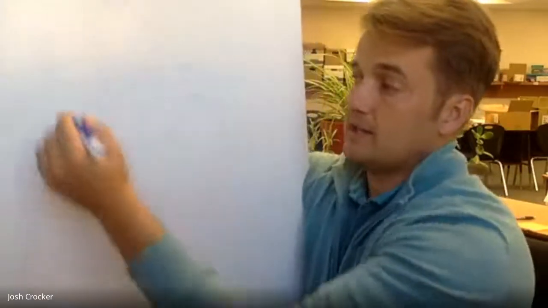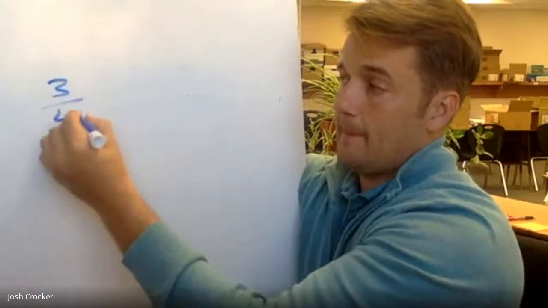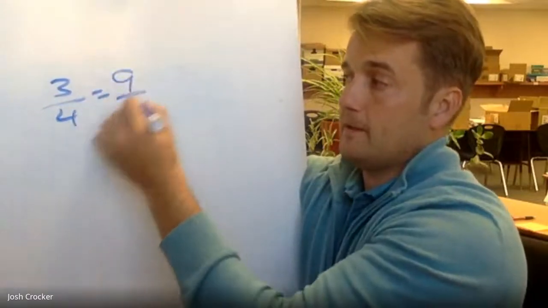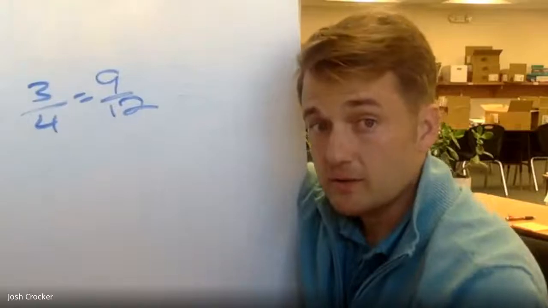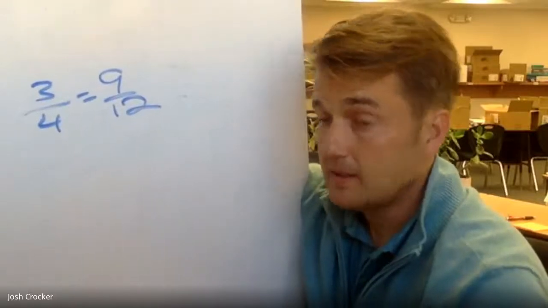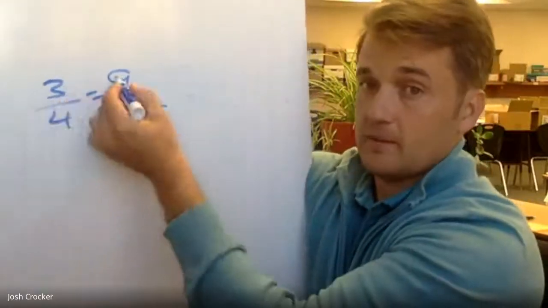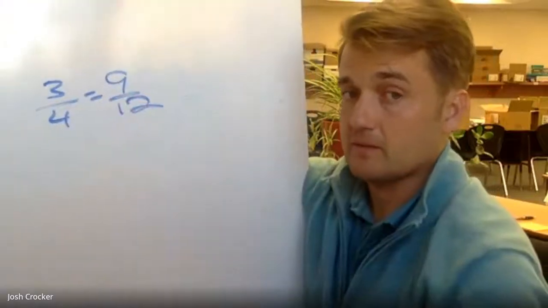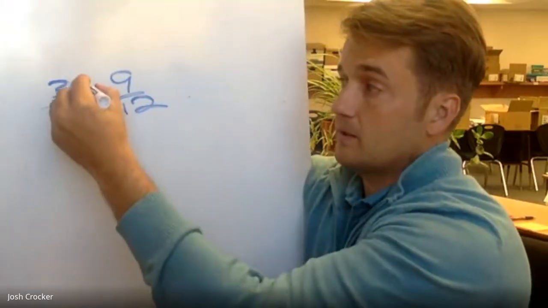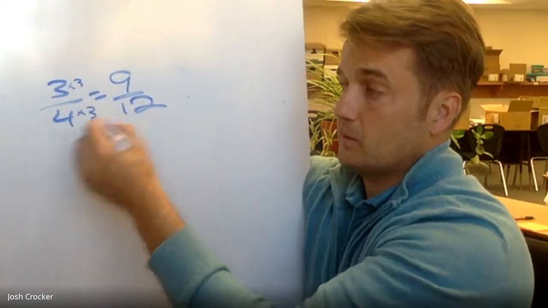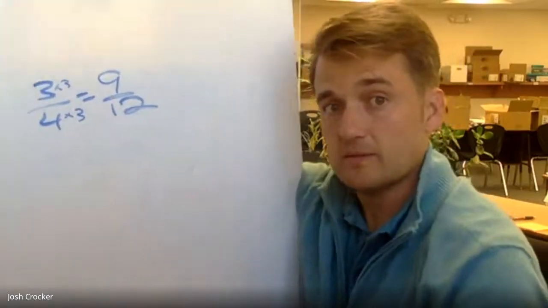If you are trying to check and see if two fractions are equivalent, what do you do? Well, you just say, what did I multiply by here to make 3/9? Well, 3 times 3 is 9, and 4 times 3 is 12. That is equivalent.